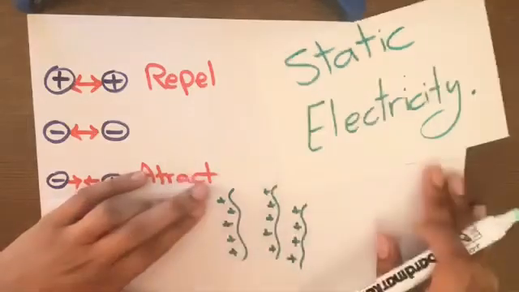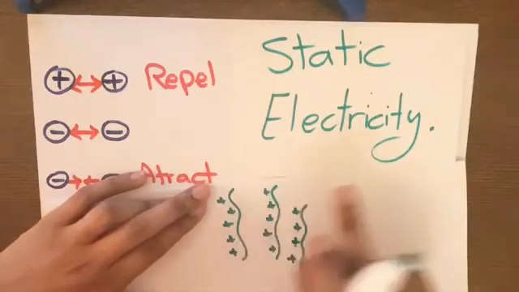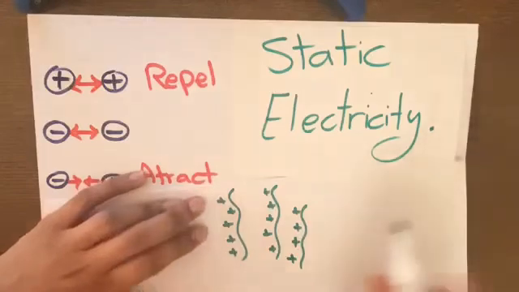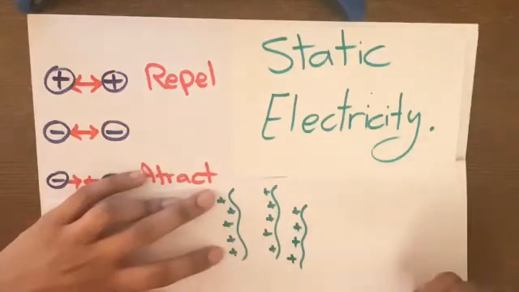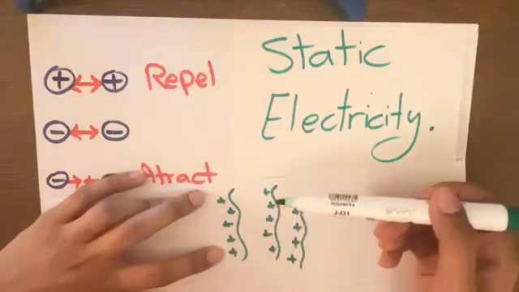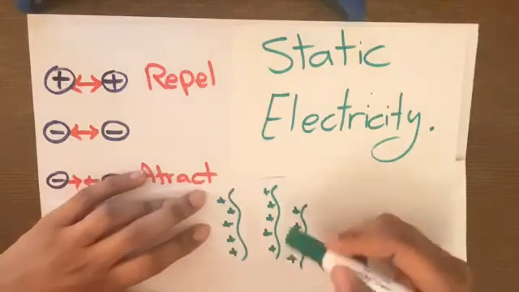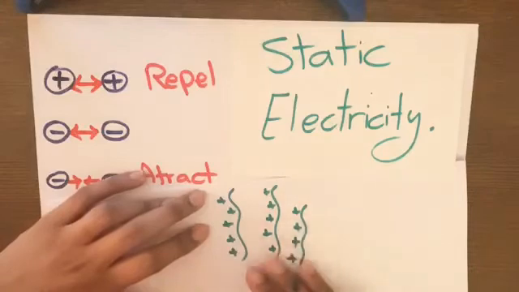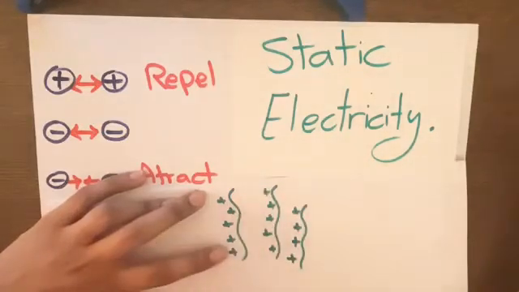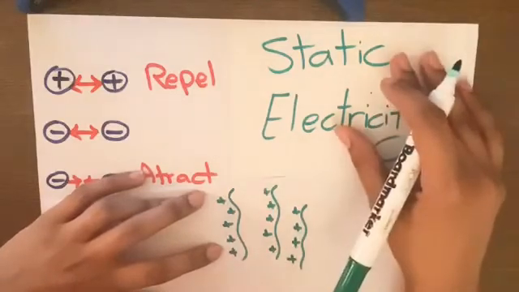So when you brushed your hair with a brush, electrons moved from your hair to the brush and they all got positively charged and also built up on an object. See? This I call build up. Why? Because positive and a positive and a positive all the way up. So this building up is static electricity.